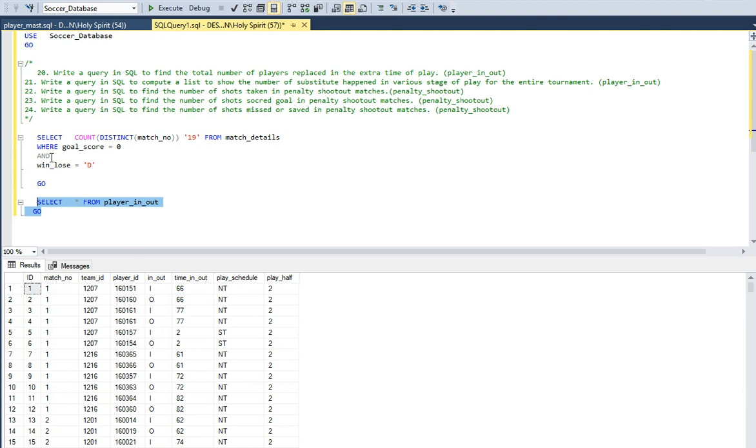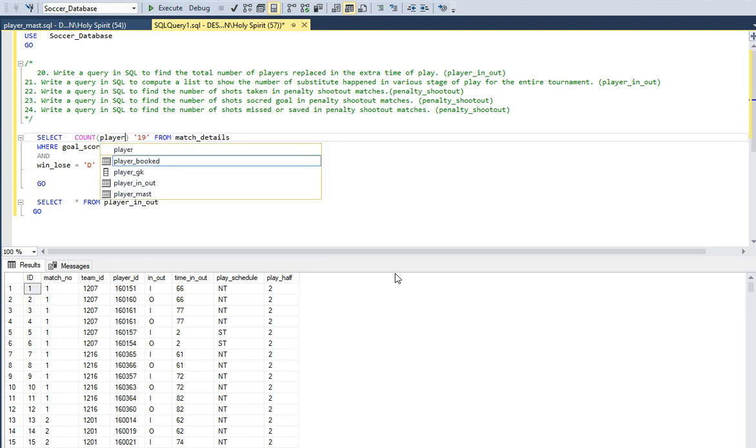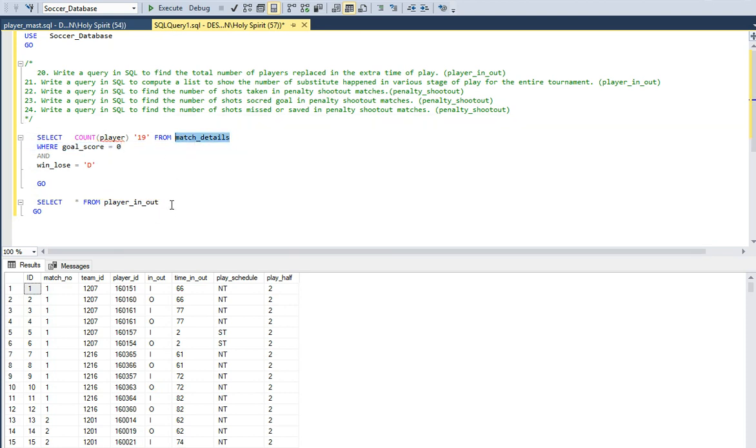Okay, here the total number of players replaced in the extra time of play. We did it earlier, we have to do the same thing again. Okay, count player ID. Oh, sorry, team. Okay, player ID. I didn't change here yet. Player ID, I can say 20, question 20, so player in or out.